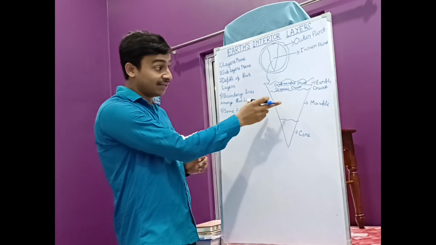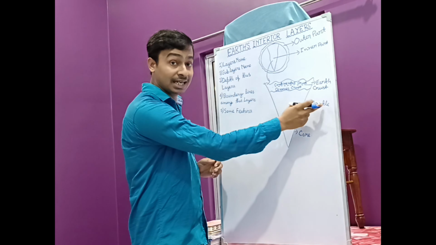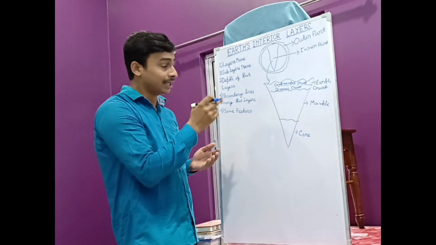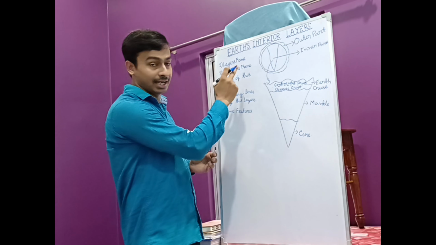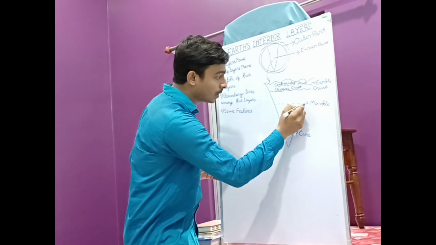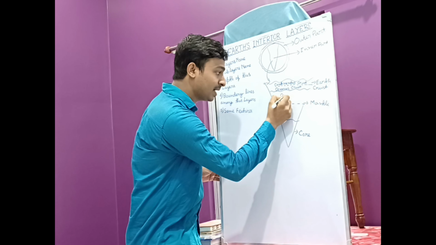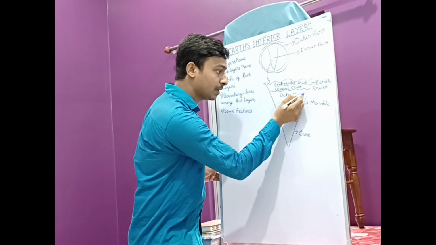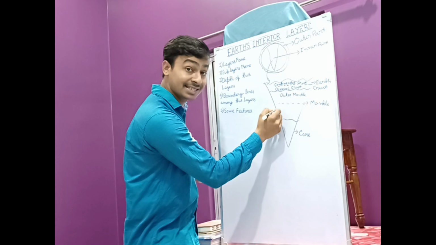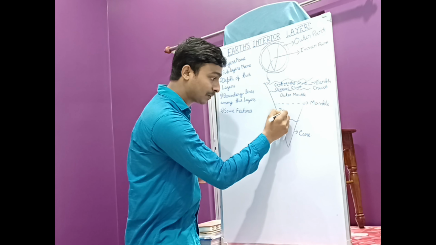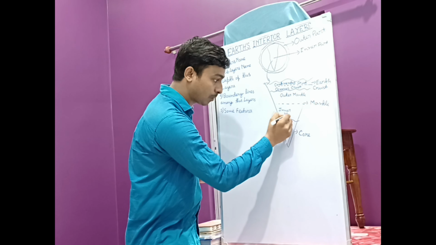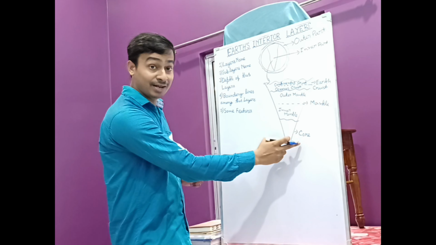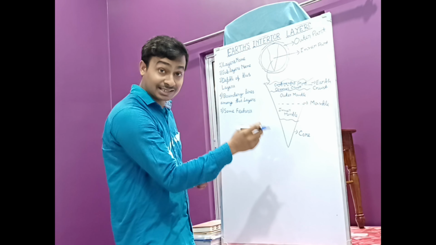Second, I divide this mantle area. This mantle area divides into two sublayers. First is outer mantle, and second is inner mantle. And last, I divide core of the earth region.